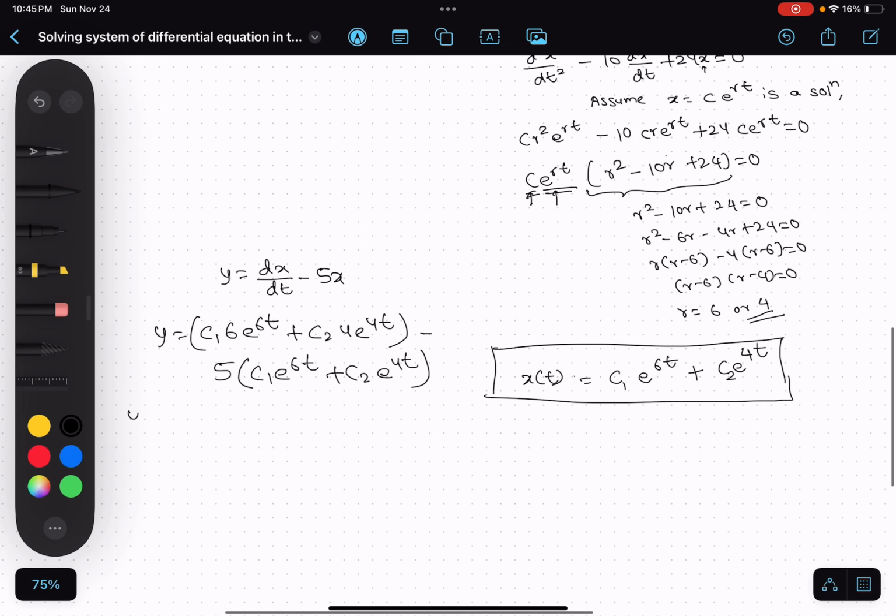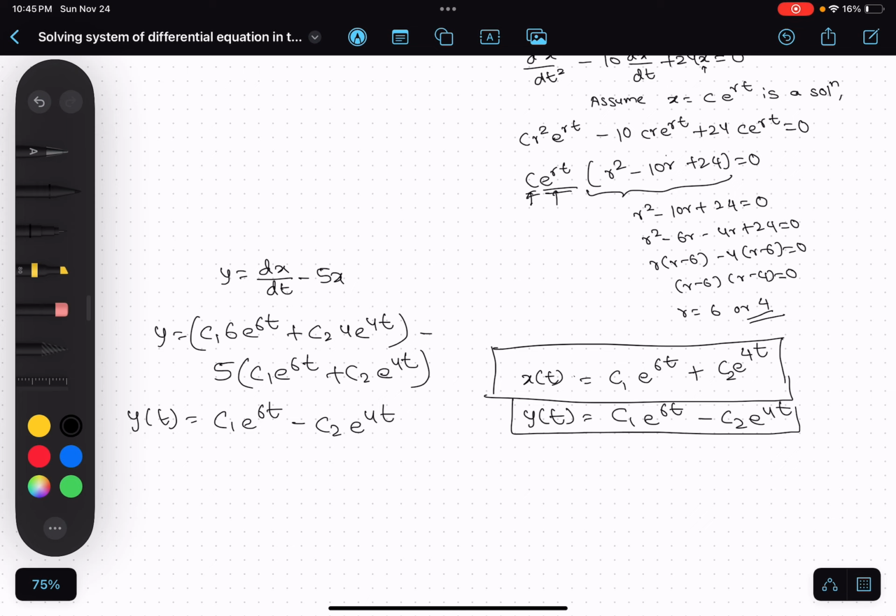So 6c1 minus 5c1 is c1 e to the power 6t, and 4c2 minus 5c2 is minus c2 e to the power 4t. So our y of t becomes c1 e to the power 6t minus c2 e to the power 4t, right?